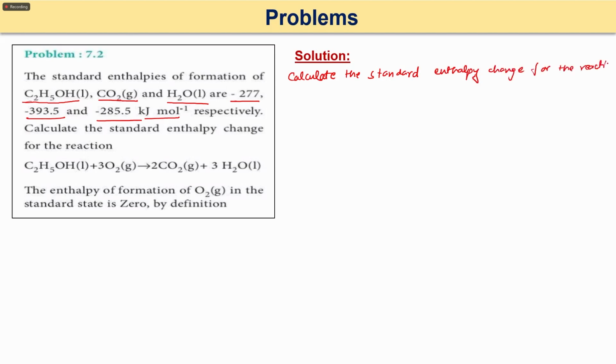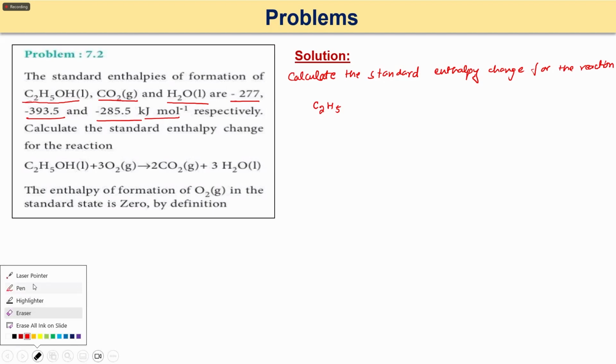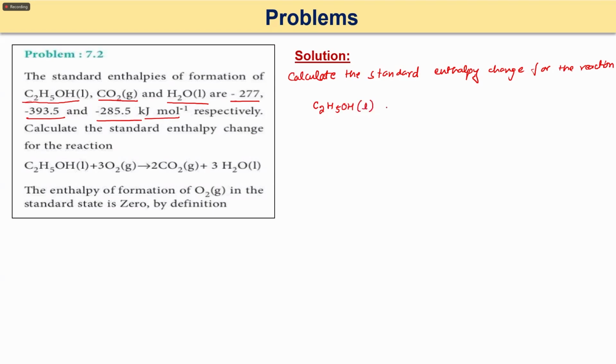So what is the reaction? The reaction is ethanol, C2H5OH, and we have to write the physical states. So this is ethanol in liquid state.